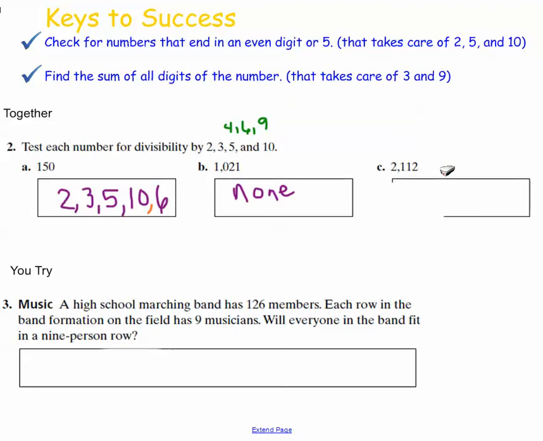All right, and let's look at this one, 2112. So it's going to be divisible by 2 because it's an even number. When I add up my digits, I get 6. 3 is divisible by 6. That means 6 is automatically going to be in my list. Let's see what else. How about 4? 12 is divisible by 4.